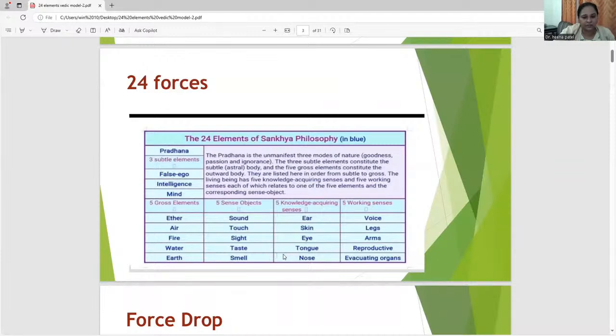The sense organ is the nose. We can smell everything with our nose, and we have evacuating organs through which we release everything. Stool and urine smell bad because they are full of negativity and toxins. So the earth element has smell as its sense.